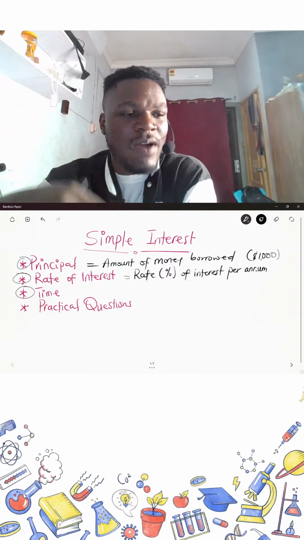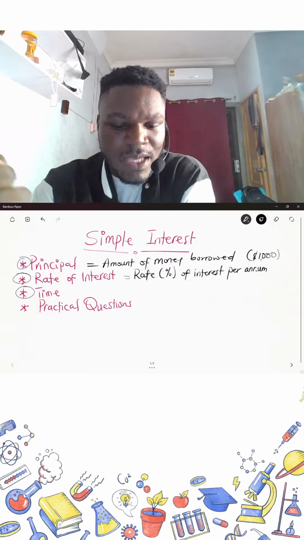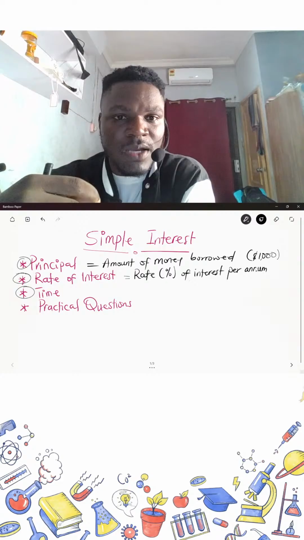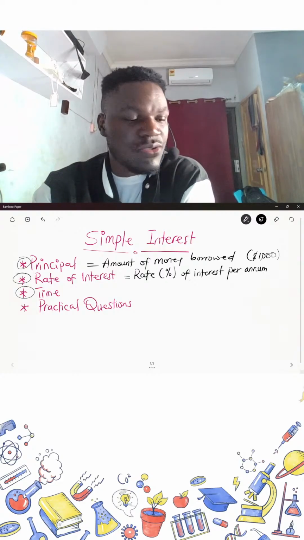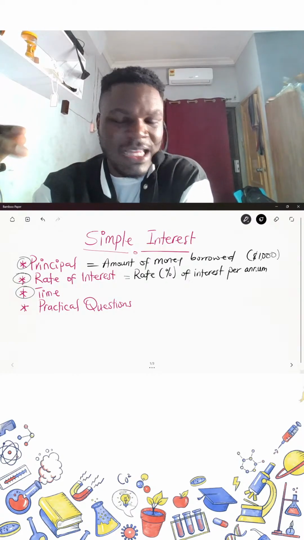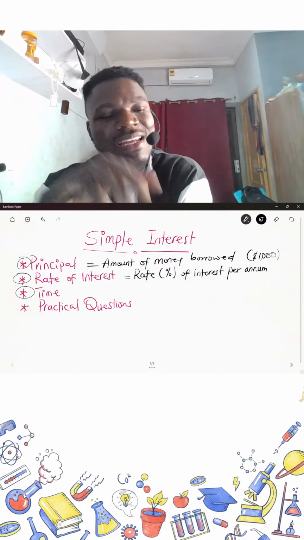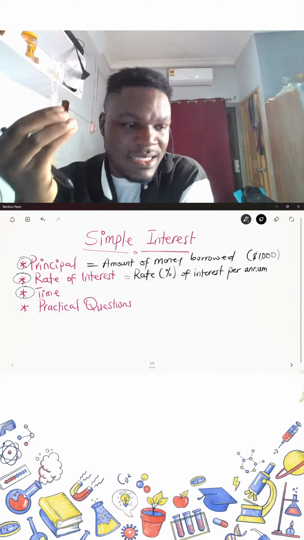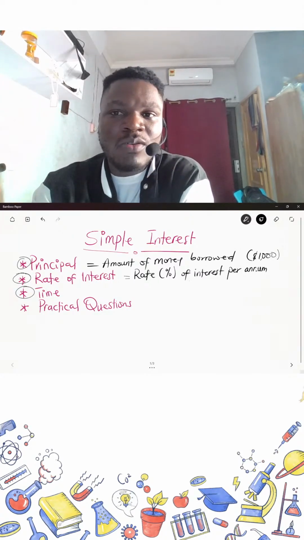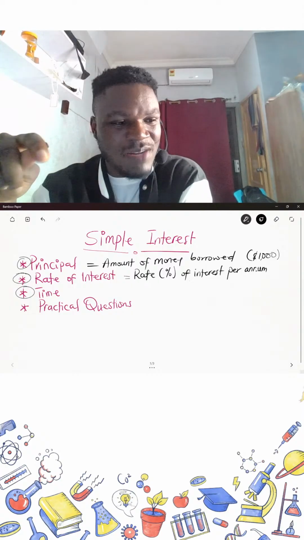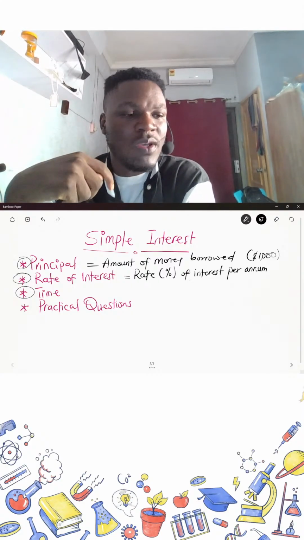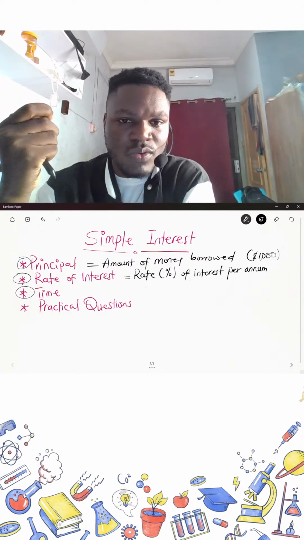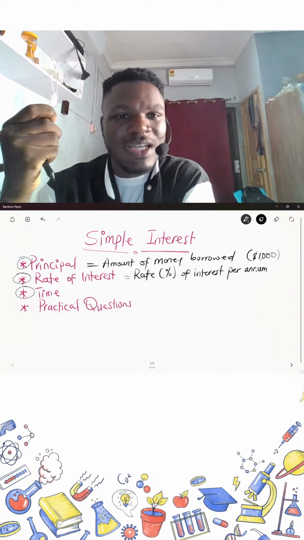Or if I lend you this amount of money for a year, I expect a 15 or 20% interest rate on the amount of money that I'm lending to you, and that is what we are calling the rate of interest. It's a percentage of the amount that you borrow that will be paid on the principal to the one who has given you the money.